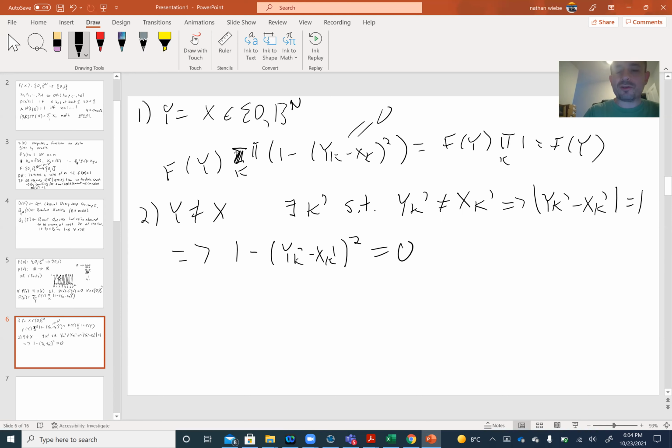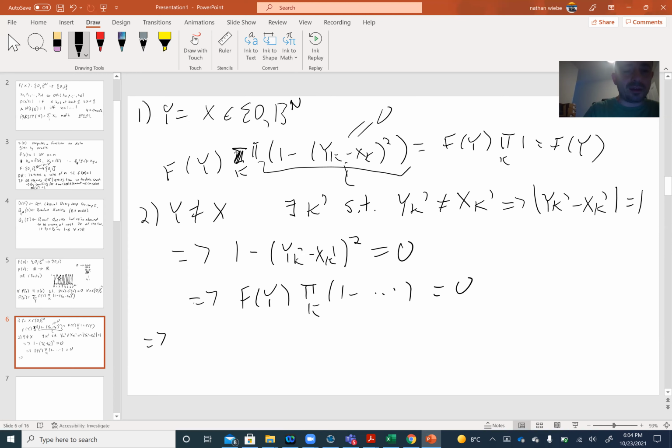So there exists one term where this whole thing is 0, and therefore that result is 0. So it implies that f of y times the product over k of 1 minus all the rest of this is equal to 0.